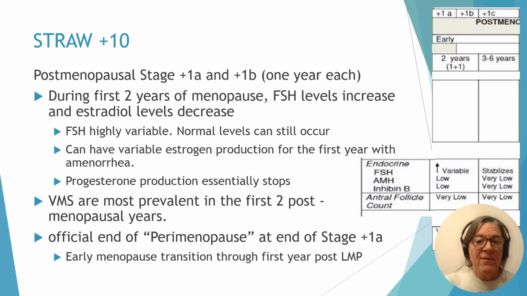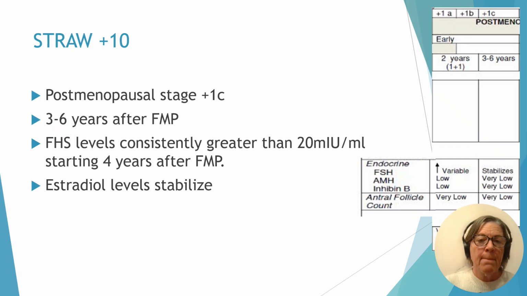But again, most prevalent in these first 2 postmenopausal years. And then the official end of what we call the perimenopause is at the end of stage +1A, so at the end of that first year after the final menstrual period.